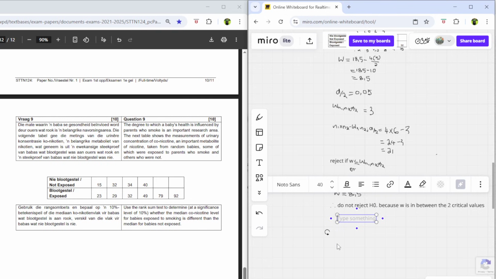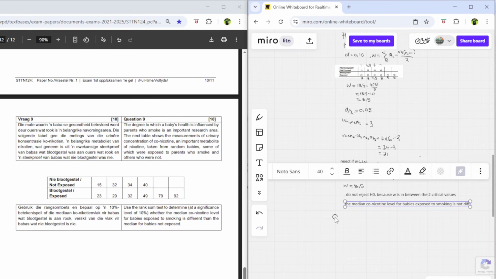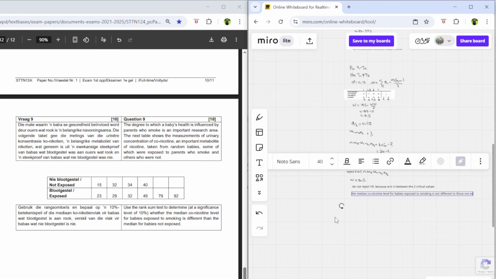Because we didn't reject the null hypothesis, you're going to say the median nicotine level for babies exposed to smoking is not different to those not exposed to smoking.